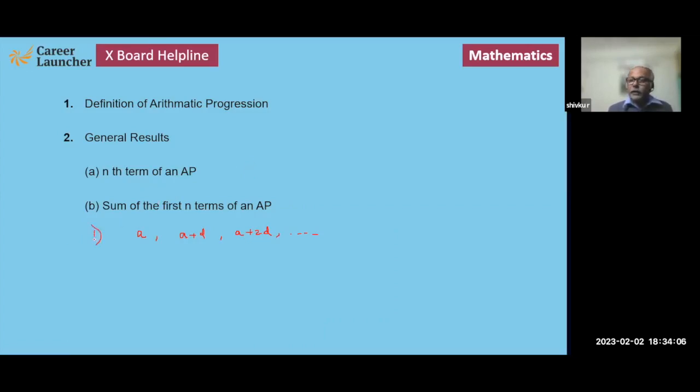जैसे अगर मैं कहता हूं कि there are 7 terms of an arithmetic progression. So if I choose 7 terms of an arithmetic progression and I want to know what is the fourth term.